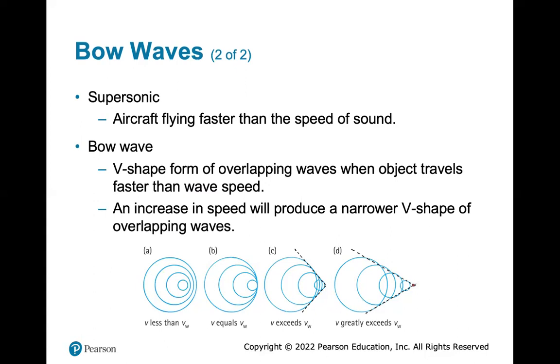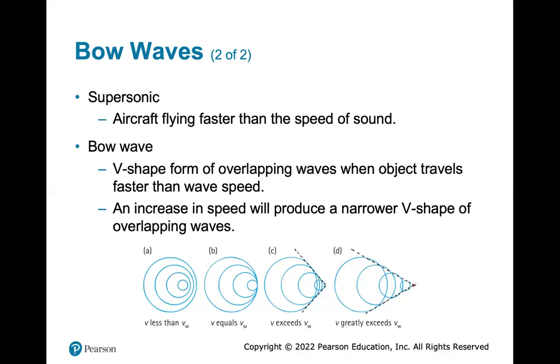So an aircraft that flies faster than the speed of sound will produce a boom. It's compressing the air so much as it goes beyond the speed of sound that it sends this shock wave to the area below it.